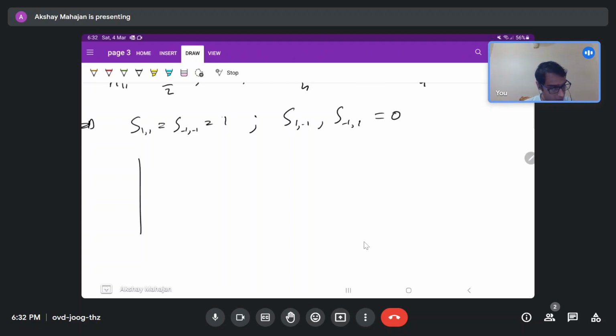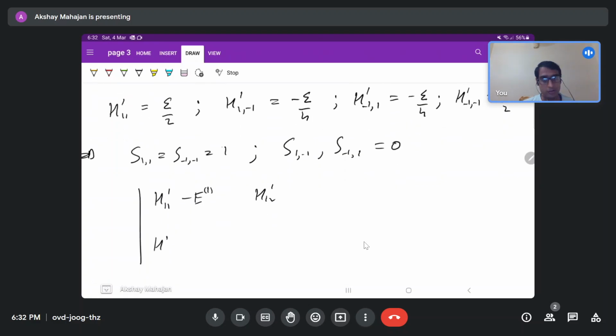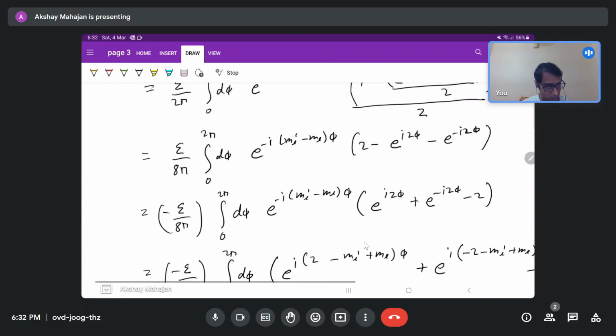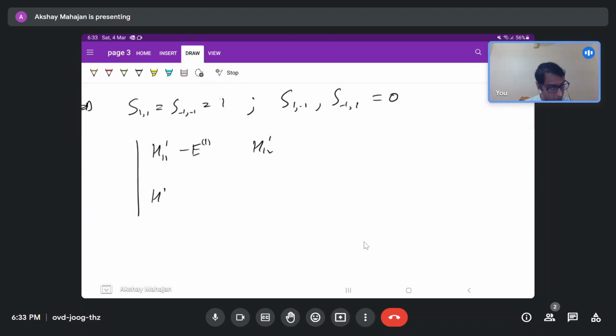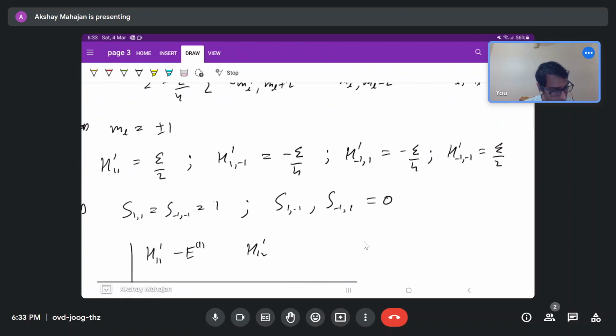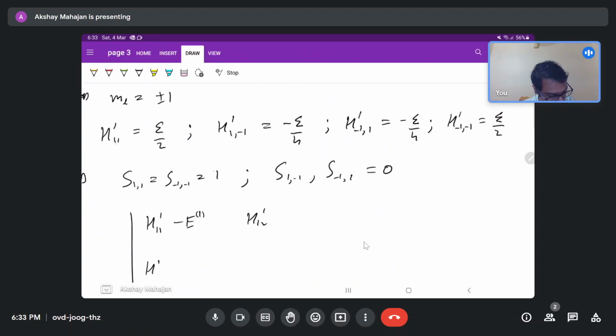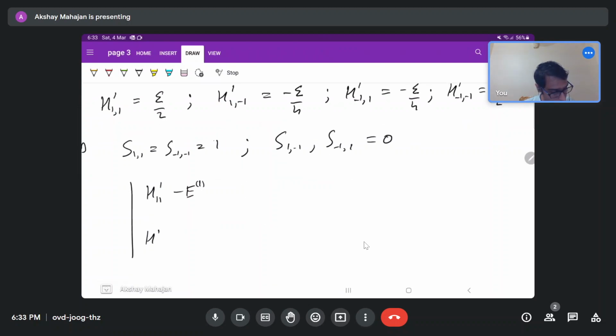Let me just write what we need to find: h11 prime minus whatever our first order energy correction is, h12 prime, h21. In the matrix element, basically the ml values, because our matrix element is just ml h ml prime. Let us write it in 1 comma 1 form.